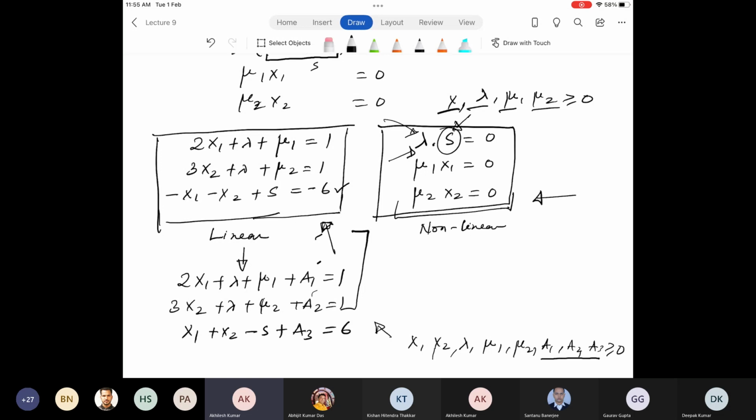You just need to add that rule for each of these constraints, and that takes care of your solution. Okay, any question other than this calculation, which I need to check and get back to you on? Any questions, guys?